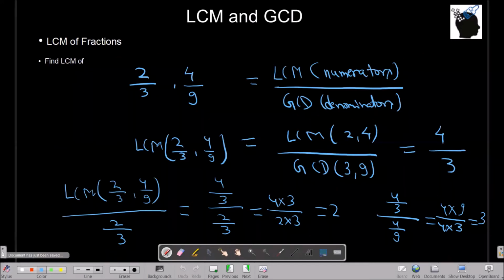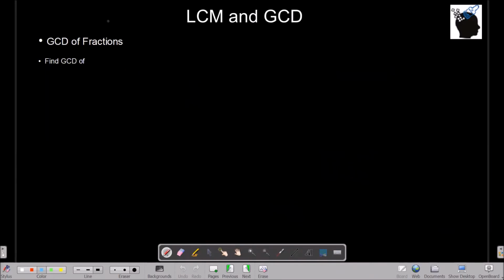Now let's see, how can we find GCD of two fractions? Let's take the same two fractions. So let's try to find the GCD of 2 by 3 and 4 by 9.